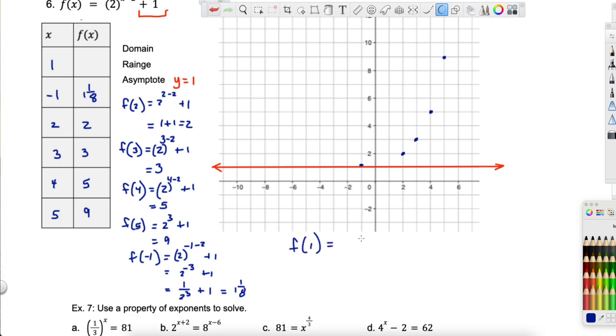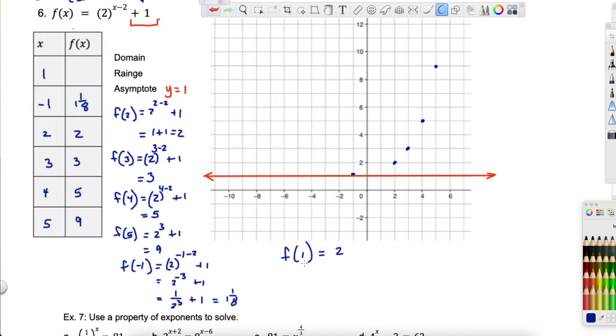I'm staring at the screen. Let's see my function here. So we got 1 minus 2 plus 1. Okay, 1 minus 2 is negative 1. So that's going to be 1/2 to make that positive exponent plus 1.